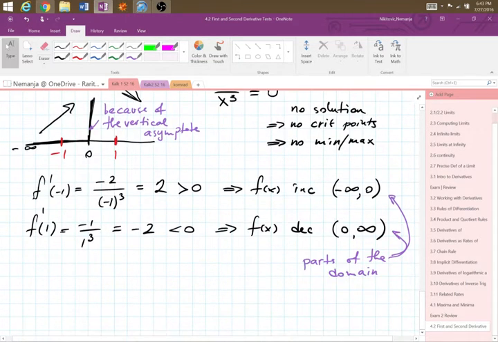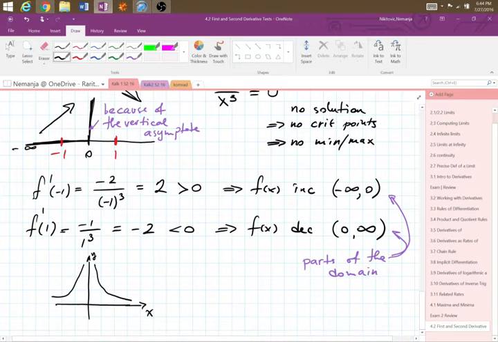Now, the problem is solved, but I want to add the graph for this, for those of you who don't know it. And now when you look at this graph, hopefully it's clear that you have an increasing function coming out of -infinity, and it stops at 0. And then the function becomes decreasing after 0.